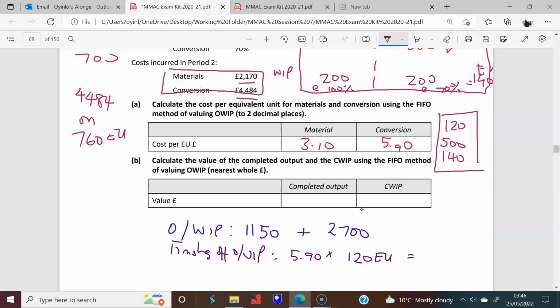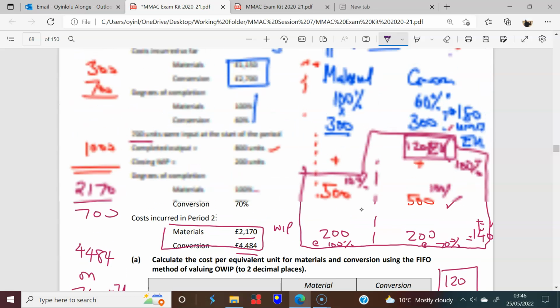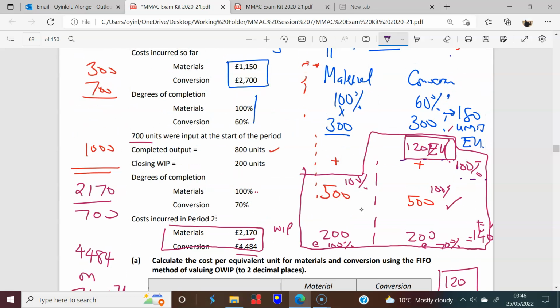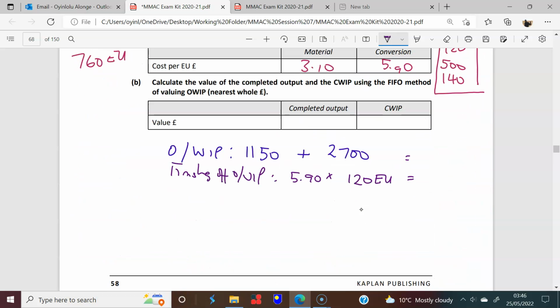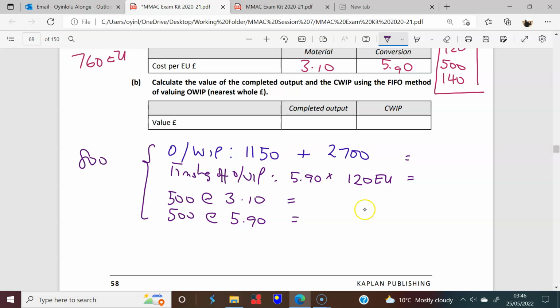So equals, right? So I finished that off. And then I had, of course, the 500 units we actually did finish. So we had the 500 units that we finished, 500 units at labor, £3.10, and 500 units at conversion, £5.90. So this is your total 800 complete units, right?